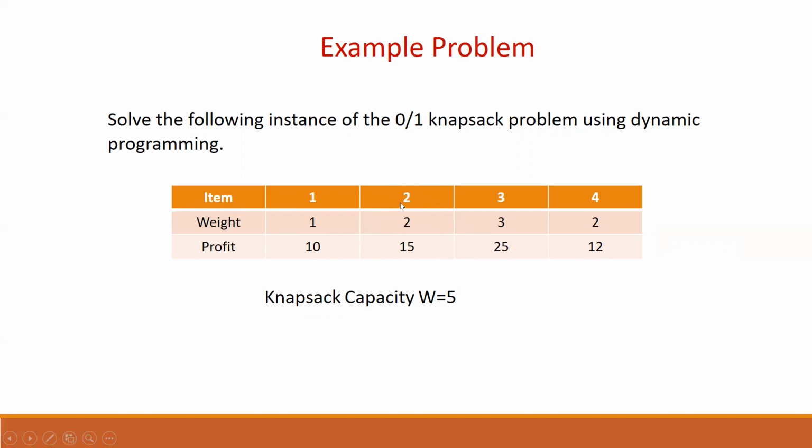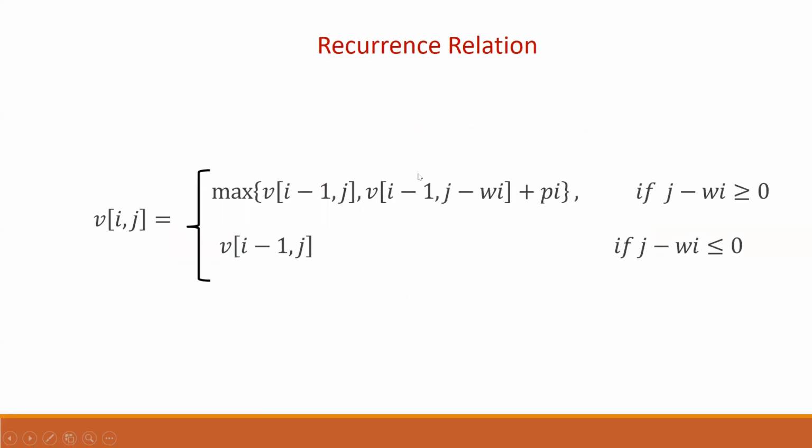The partial of the item 2, that is 1 kg, half kg, should not be considered like that. That's why it is called as 0 or 1 knapsack problem. So this is the recurrence relation which is used to solve the knapsack problem using dynamic programming. So here I will explain this formula while solving in the next step.